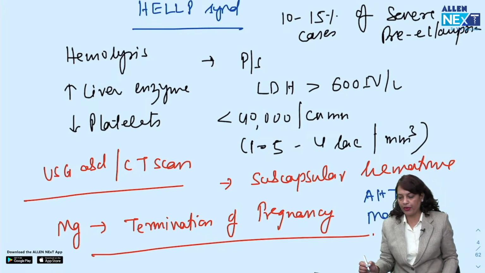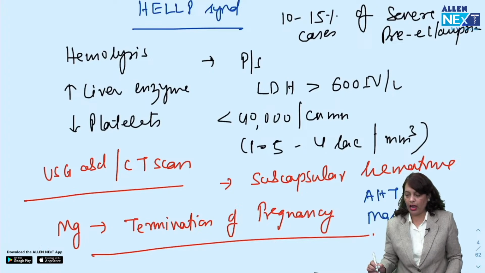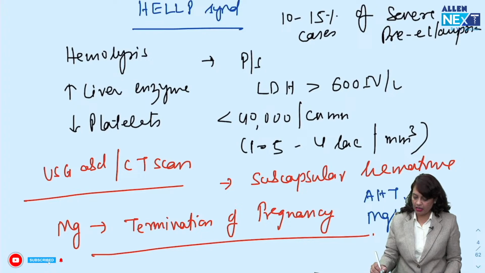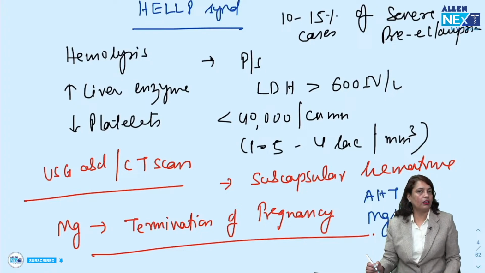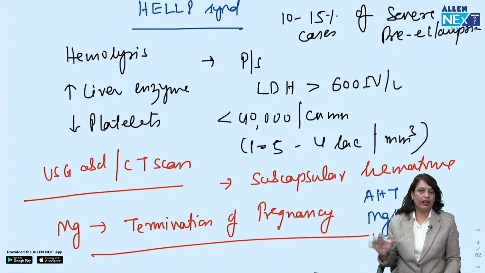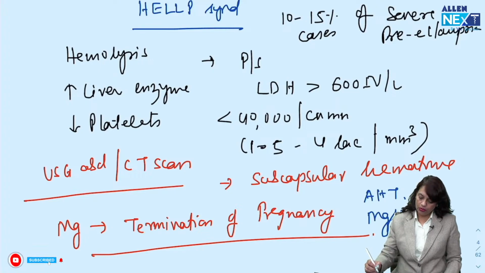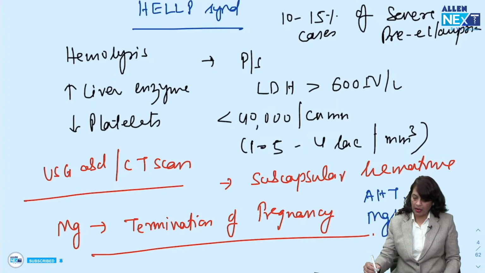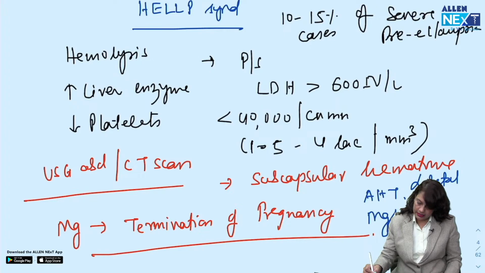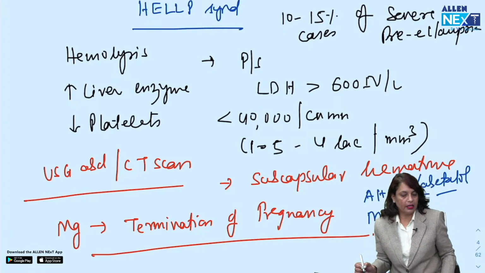So to prevent the fits, you have to add the magnesium sulfate. Magnesium sulfate is a drug to be given for severe preeclampsia to prevent convulsions, and you have to add the antihypertensive to reduce the blood pressure and simultaneously conduct the delivery.